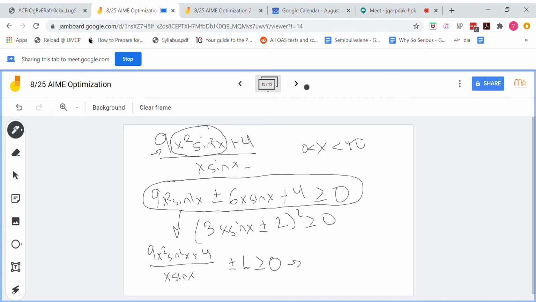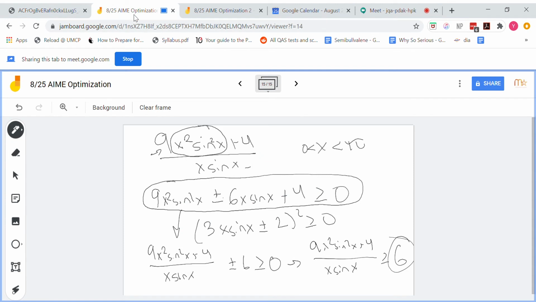And so if we rearrange this, (9x squared sine squared x plus 4) over x sine x is at least plus or minus 6. And so what's the minimum possible value? It's obviously 6. And so our answer is 6.